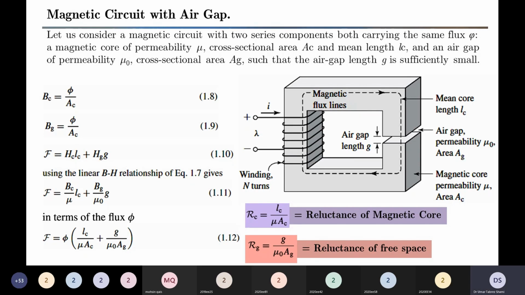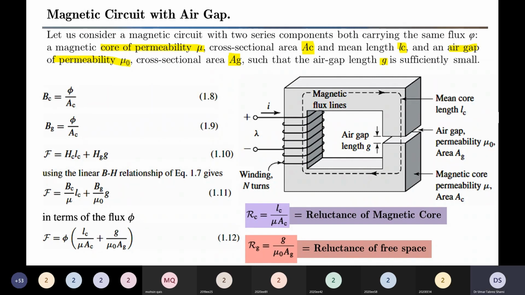We represent the air gap length with the value G, whereas the length of the magnetic material is represented by LC. The cross-sectional area of the core is AC, and the area of the air gap is represented by AG. Also, mu represents the permeability of the core, whereas mu naught represents the permeability of the air.